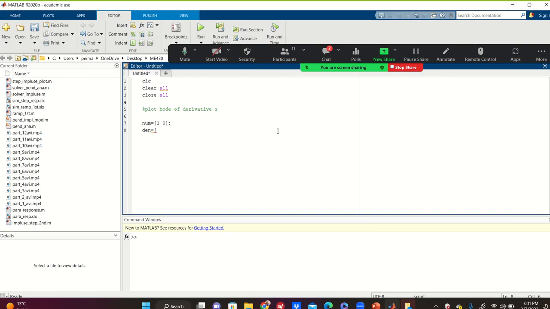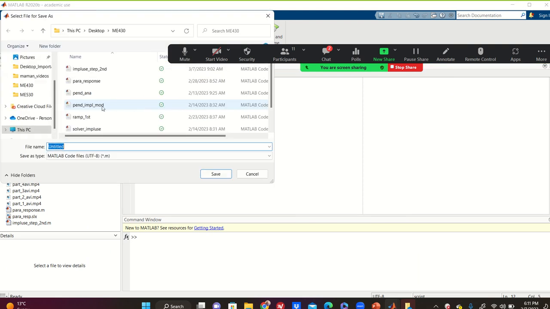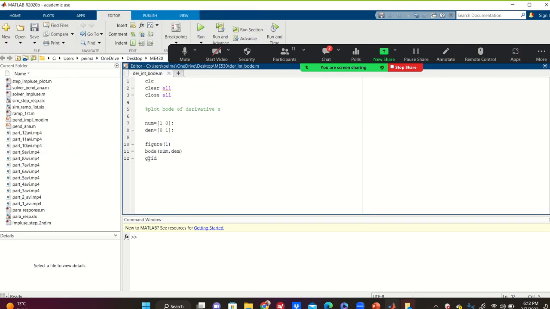So let me try this one. Bear with me. Figure 1, Bode num, and grid. Derivative, integrator. Bode. Let's see what happens.